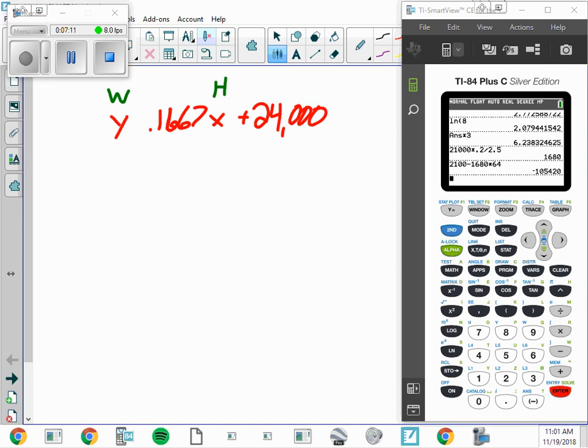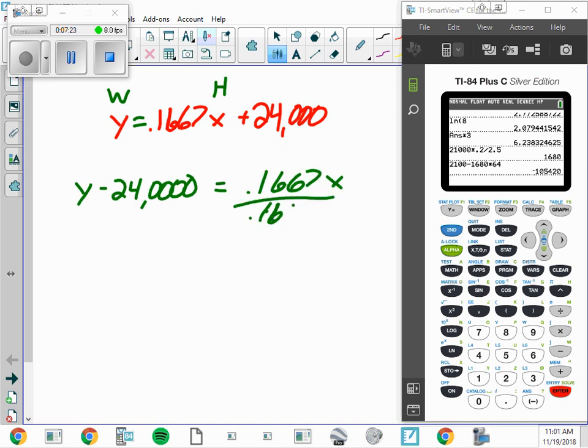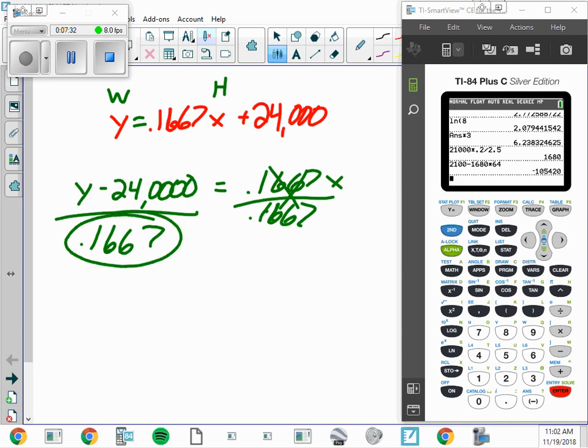So I'm going to subtract 24,000, which is equal to 0.1667x. Divide this by 0.1667. That cancels. And this inverted is 6. So we get 6y minus 144,000 equals x. True or false?